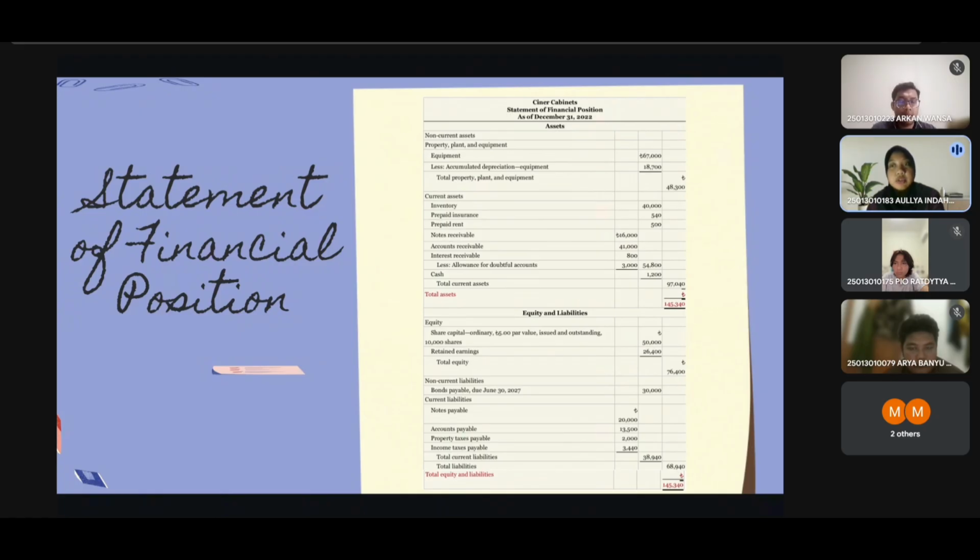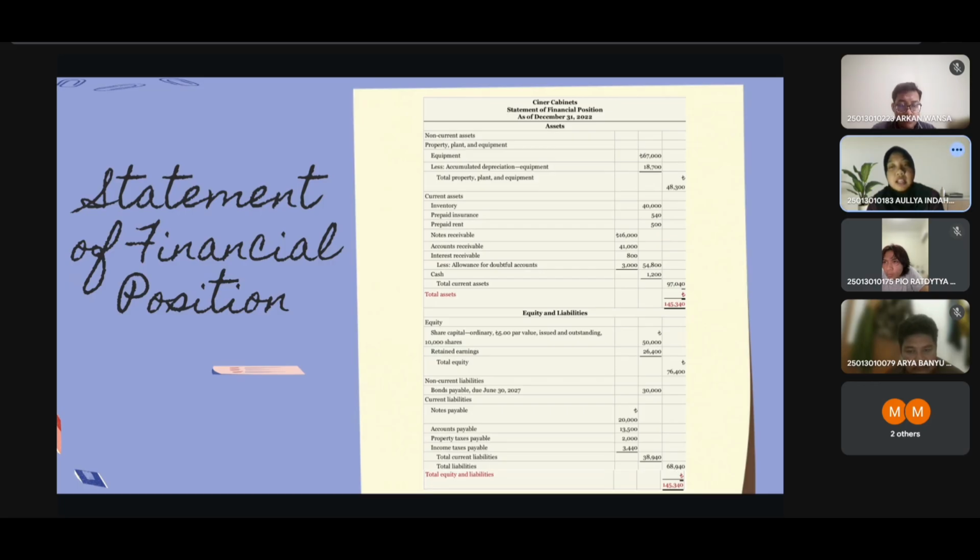Next, we have the statement of financial position, also known as the balance sheet. It shows the company's financial position, divided into assets, liabilities, and equity. The total assets are equal to 135,300.